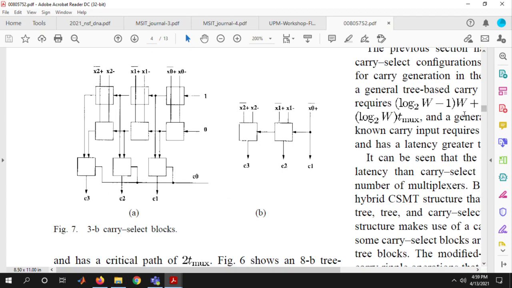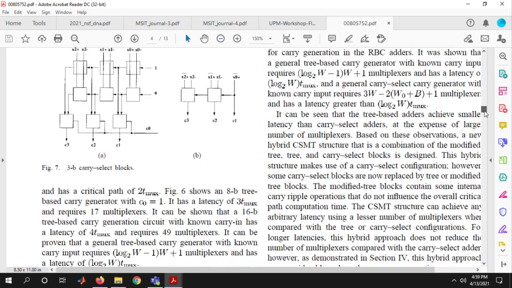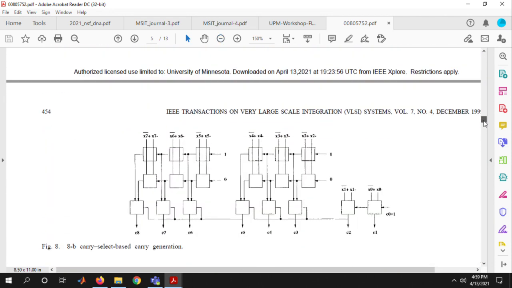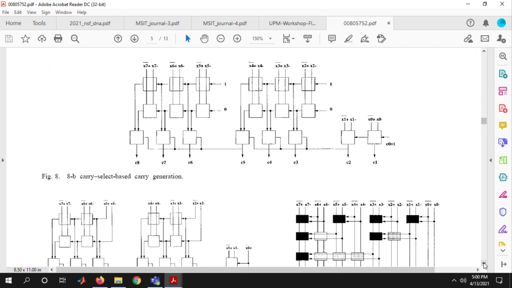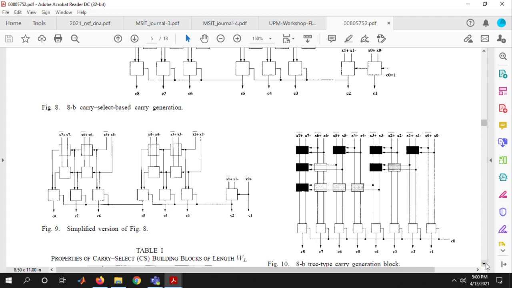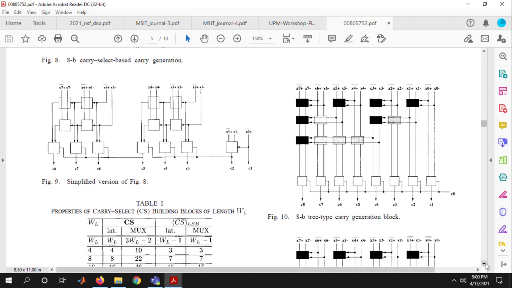Let me see if I can go to some of the diagrams. This is the 8-bit carry select. We call this design configuration 3, 3, and 2. This is bit numbers 5, 6, 7, 2, 3, 4, and 0, 1. So this is divided into 3 blocks, 2 bits in the LSB block and 3 bits in the other blocks. Then a simplified version of figure 8, the 8-bit tree type carry generation.